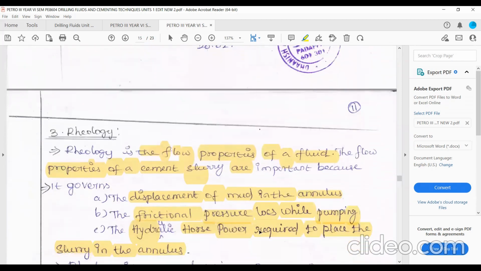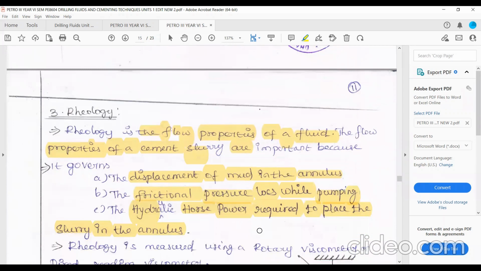What is rheology? Rheology, we already came across. It is a science which deals with the measurement of deformation and flow of fluids. When flow is happening, how the form is getting changed. In other words, how the form of the liquid or the solids present in the liquids is getting changed.